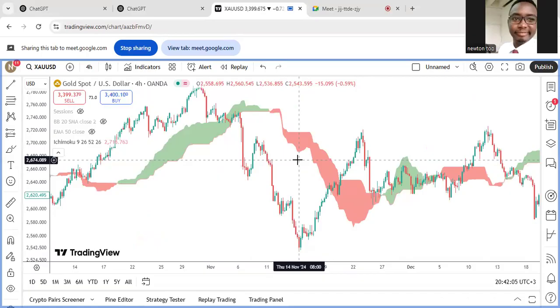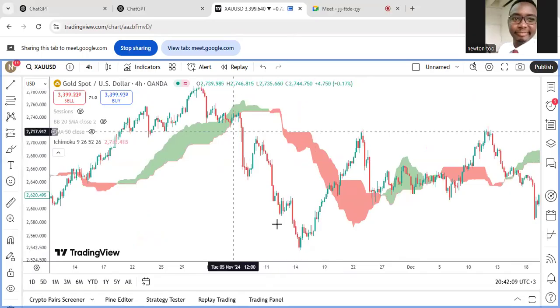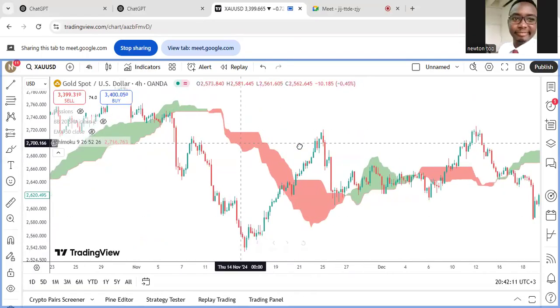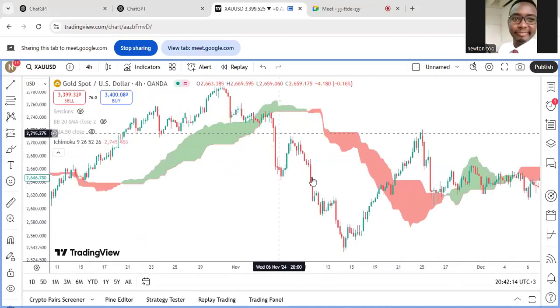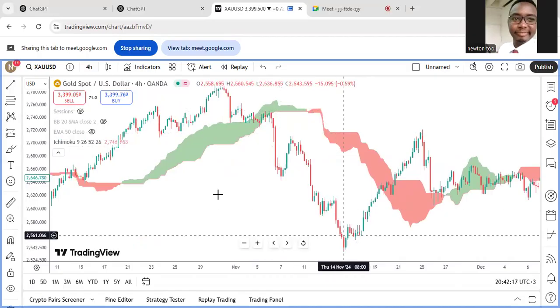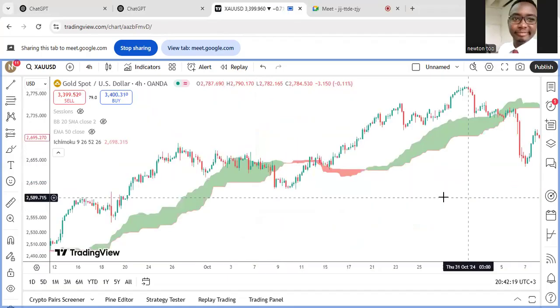You can hold that trade as a swing trade, because every time the market breaks below the cloud, it tends to go down, to sell very long.